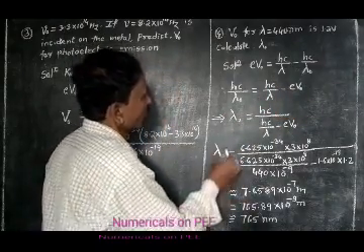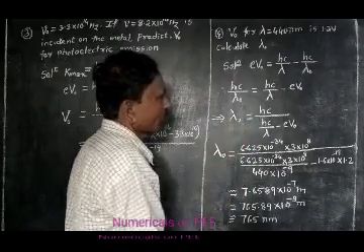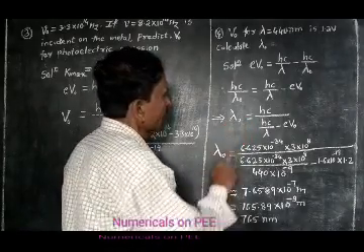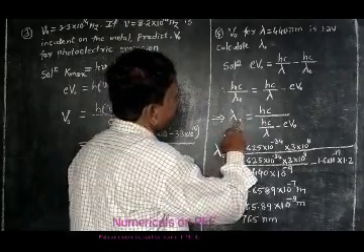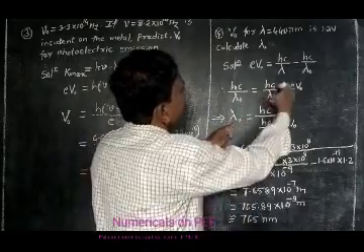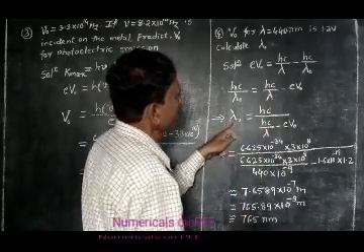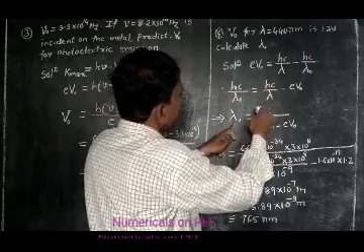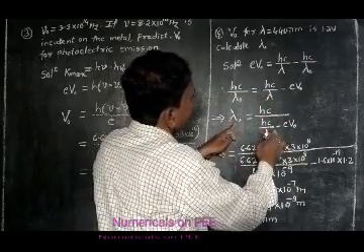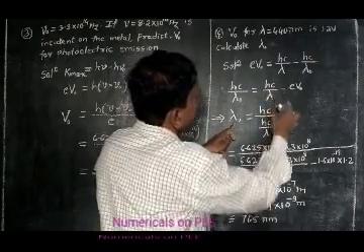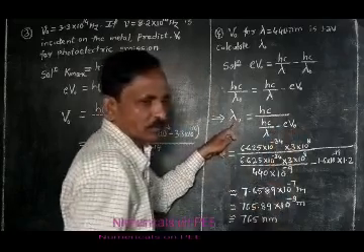But we are asked to calculate lambda naught. Again rearranging we get lambda naught equal to hc divided by hc upon lambda minus e V naught.